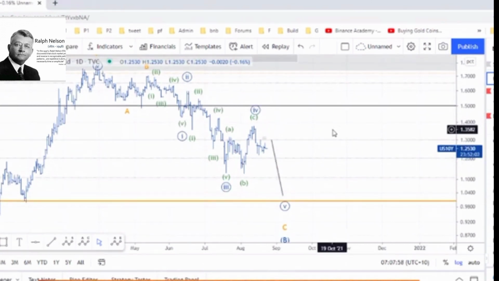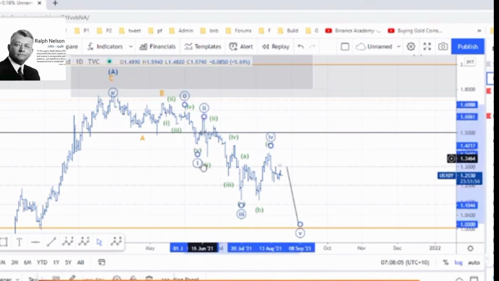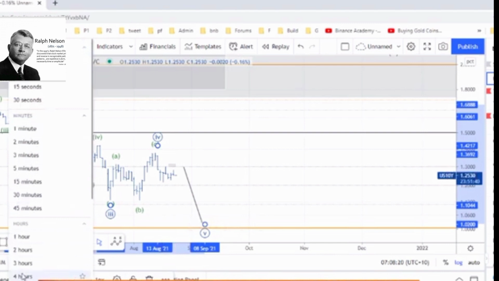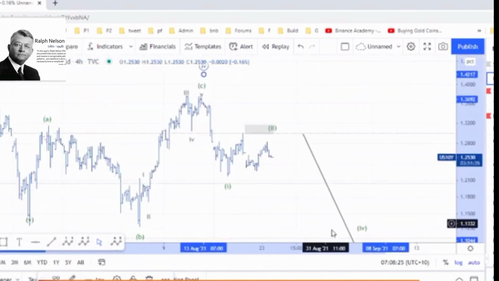In the smaller picture of things, as you know if you've been watching this, we got these 5 green waves down to wave 1 here, wave 2 here, that can sit in here, and then another 5 green waves to make wave 3 here, and we've been working through wave 4 here a little bit messy, so I haven't really pulled this apart.